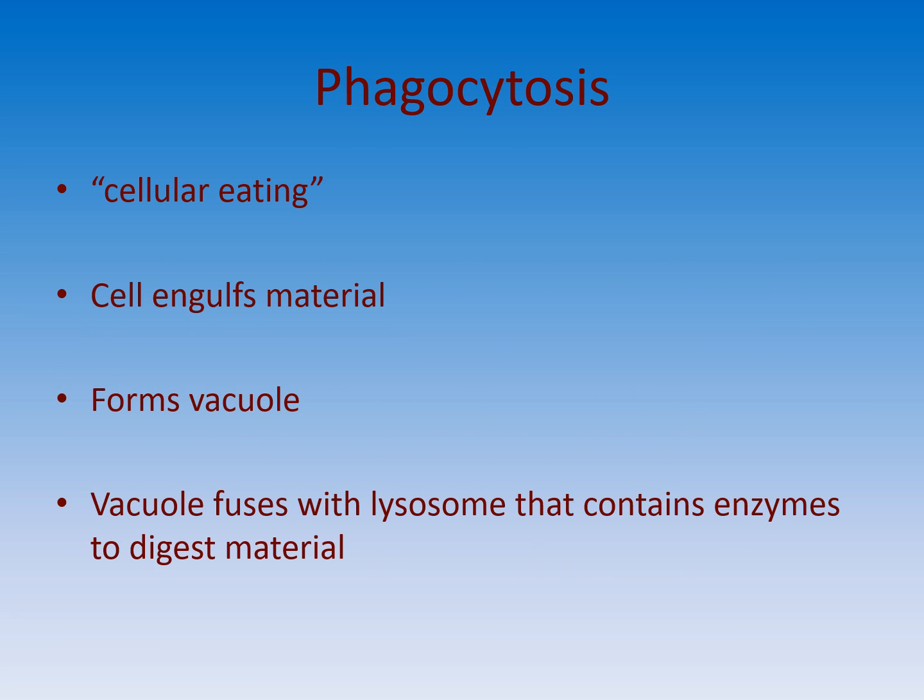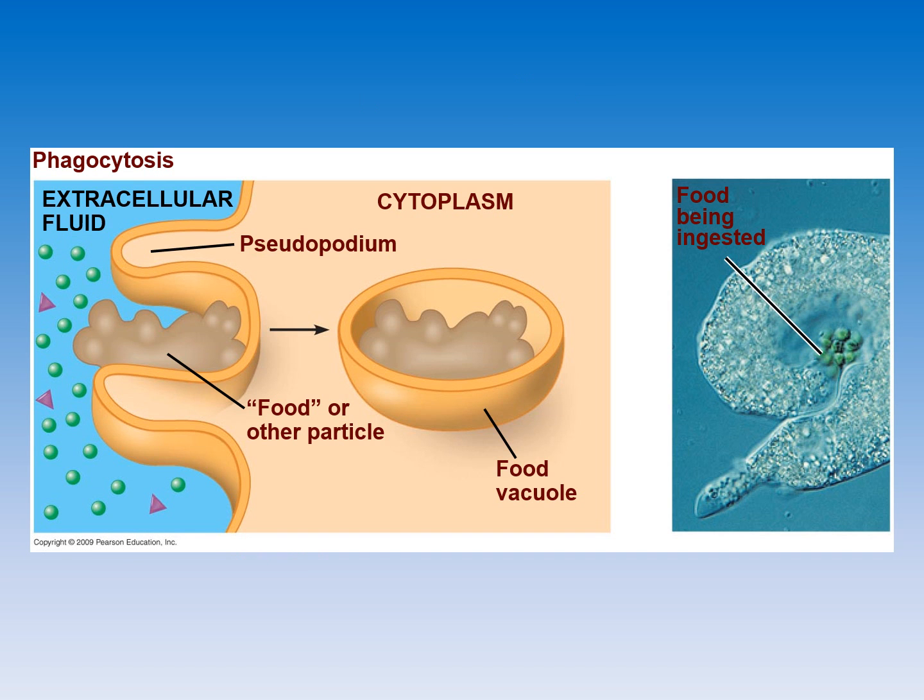In terms of moving things into the cell, phagocytosis technically means cell eating. It is where the cell is going to engulf material, and this is solid material. It's going to form what we call a vacuole, a little vesicle that has the food in it. It's going to fuse with what's known as a lysosome that contains a lot of digestive enzymes, and it's going to break down material and use what it can from it.